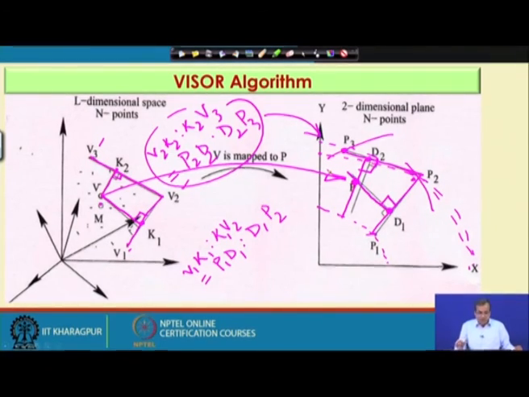Now, already we have got say 1, 2, 3, 4 data points in lower dimension. So, out of the capital N data points, 4 we have already mapped to the lower dimension.